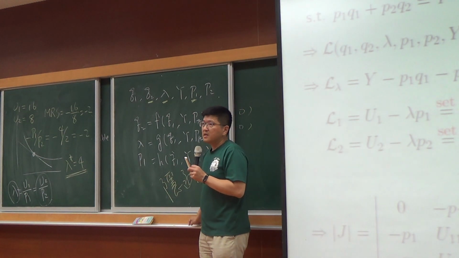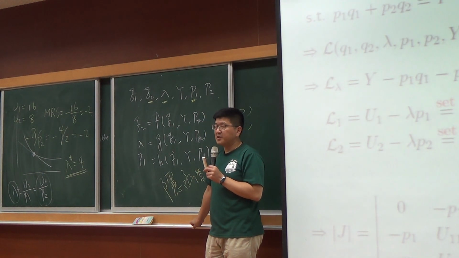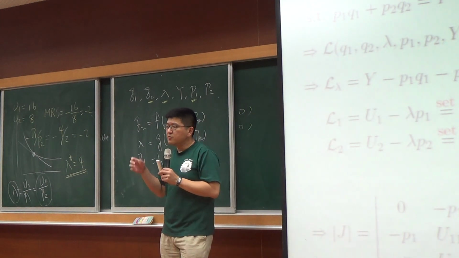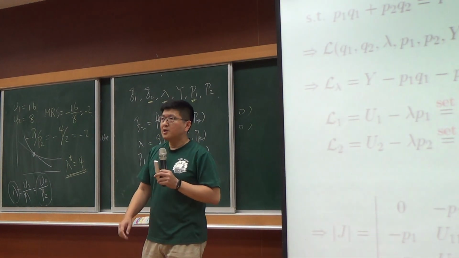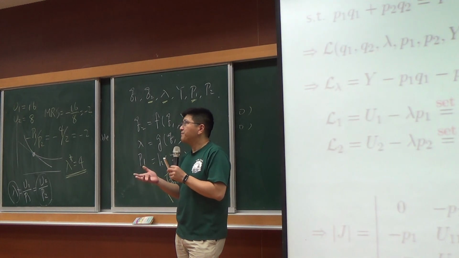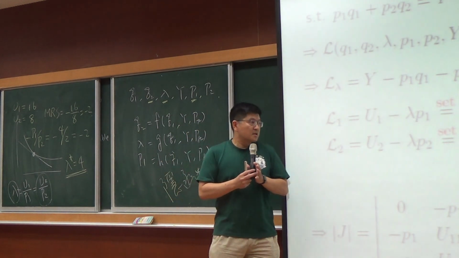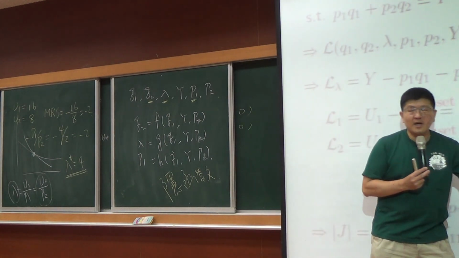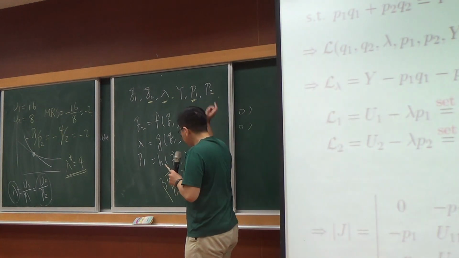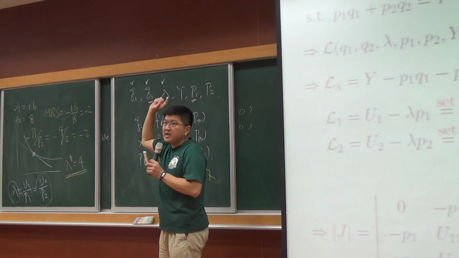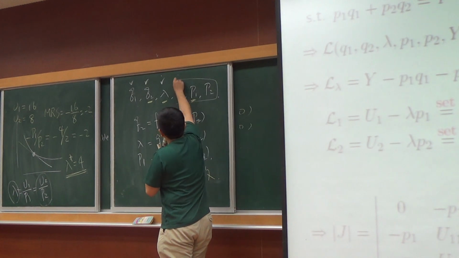But since you are students of the Department of Economics, not mathematics, we want to do something with meaningful intuition, explanation, interpretation. So we choose Q1, Q2, and lambda. From these 6 variables, we choose Q1, Q2, and lambda to be implicit functions of the other 3.